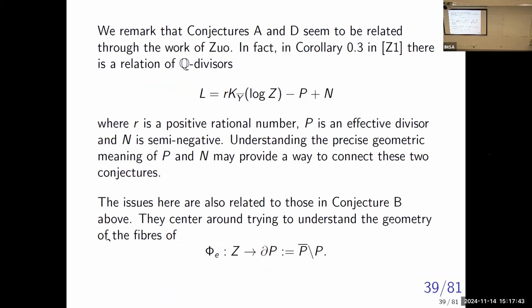And this is just a reference to some work in the literature, which I'm not going to go into. I will say that the issues are related to those that were mentioned in conjecture B, trying to understand the geometry of the limiting mixed Hodge structure. So remember that P was the image of a period mapping.